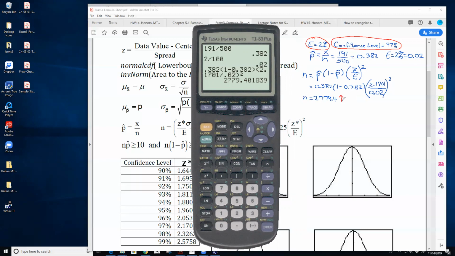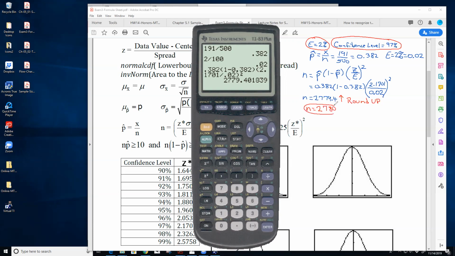Because it has to be that big or bigger, we don't round off, we round up to the next whole number. So I don't round off to 2,779. Nope, I round up to the next whole number, which is 2,780.